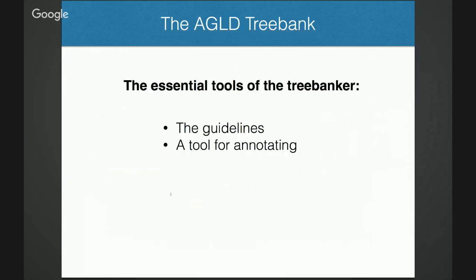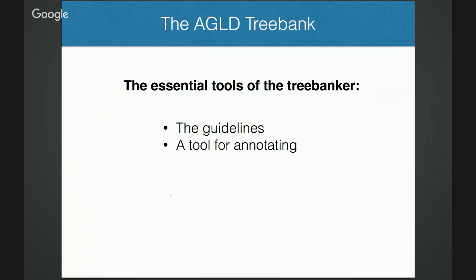If you want a tree bank, what you should have on your desk, or at least a document that you should have on your computer, is the guidelines. That is the document where you can find instructions about how to annotate a certain phenomenon.